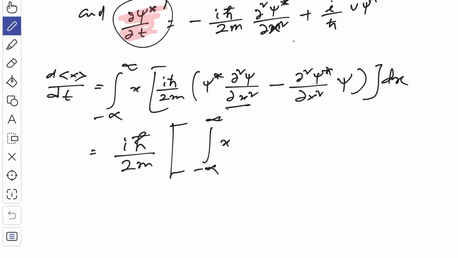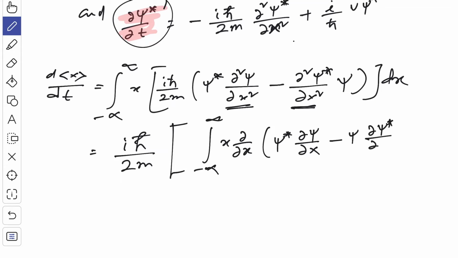As we have second order partial derivatives here, we can write this integral from minus to plus infinity of x times del by del x of the bracket psi star del psi by del x minus psi del psi star by del x. So it can be expressed in this way also.